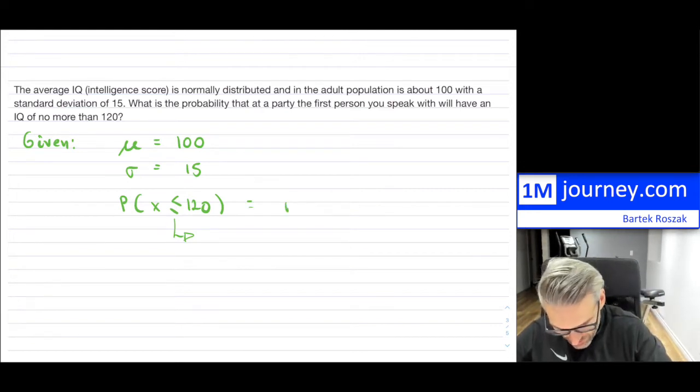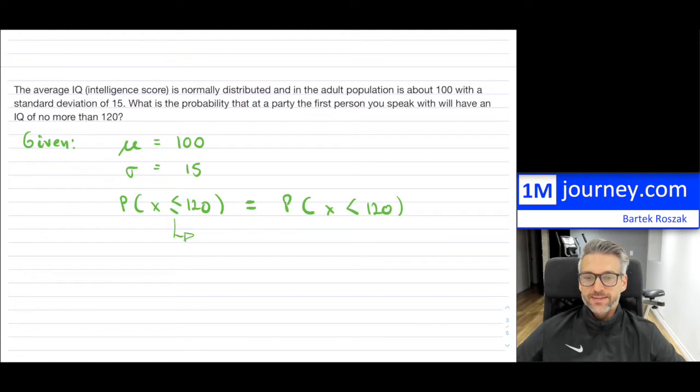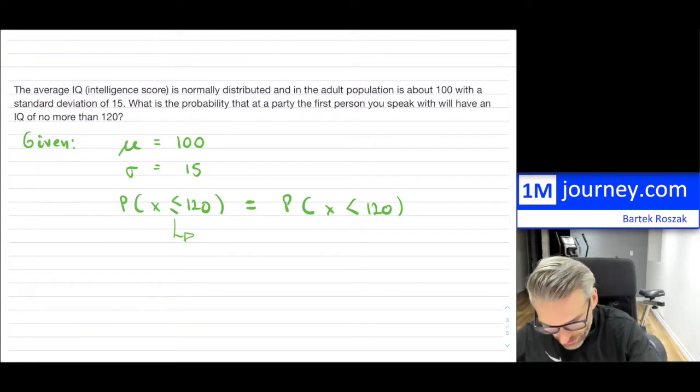So if you write it like this, these are actually equivalent. So that is just because it's continuous probability distributions. So this is what we want to find.